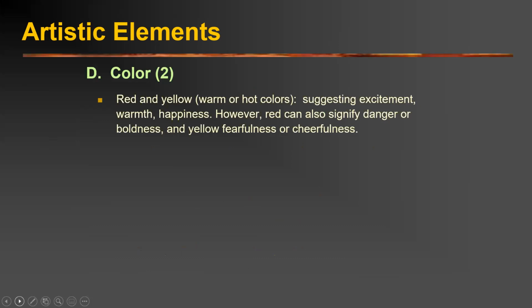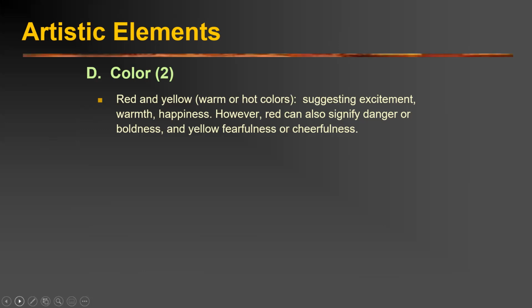Next, still under color. So different colors suggest something. When we say red and yellow, suggests excitement, warmth, happiness. However, red can also signify danger or boldness, and yellow may signify cheerfulness. Right? Red, yellow, excitement, warmth, and happiness. Sometimes red may signify danger or boldness.